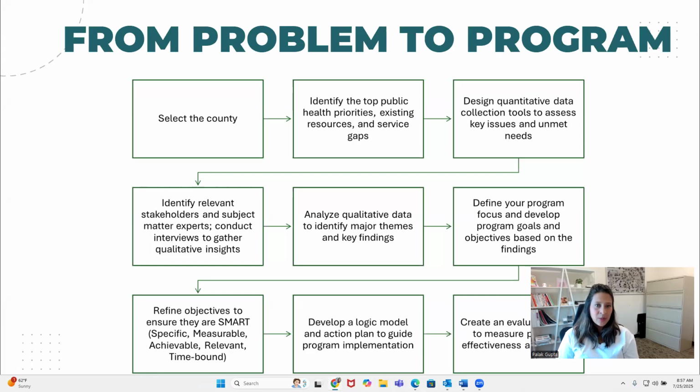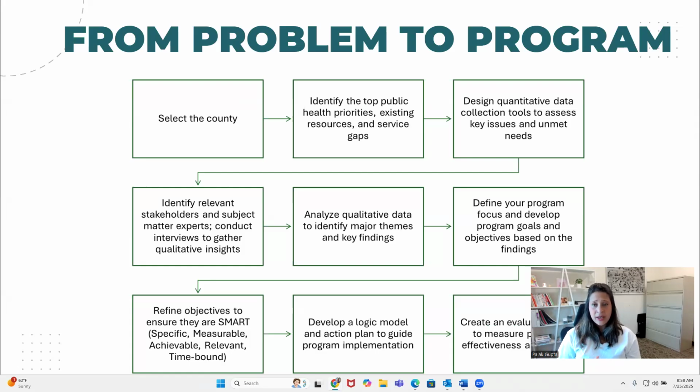Every semester I provide 4 or 5 counties in a discussion, where students are required to pick one of the counties, either one they live in, or work in, or that is just of interest to them. From there, I create a team of the students who will be working on the same county together. And then I ask them to research the top public health priorities of that area.